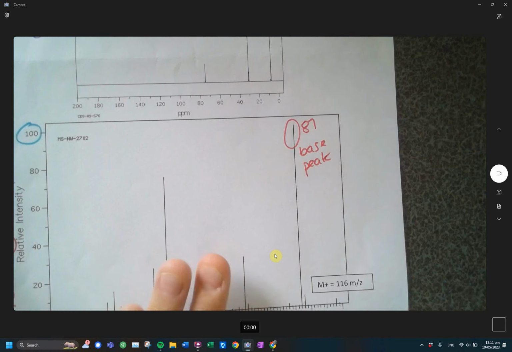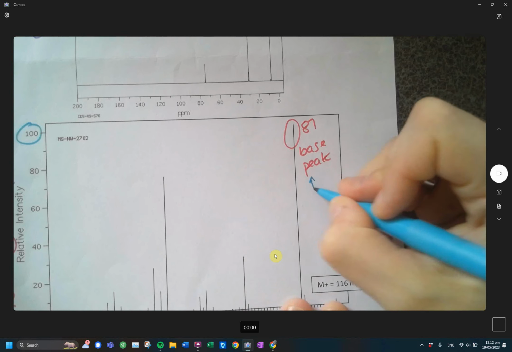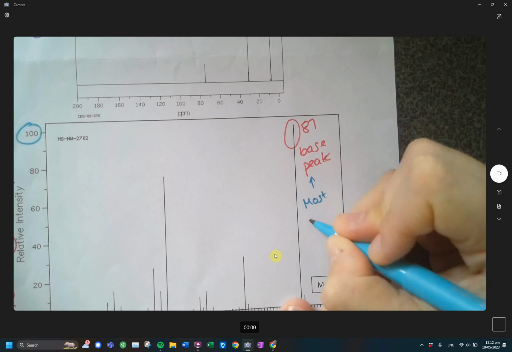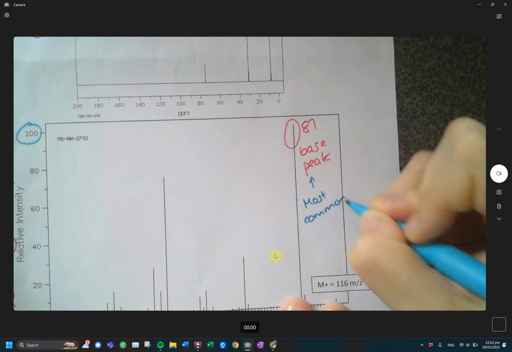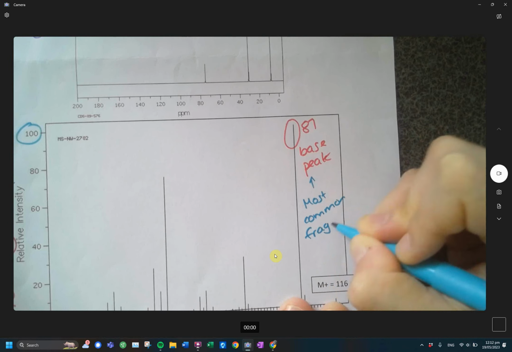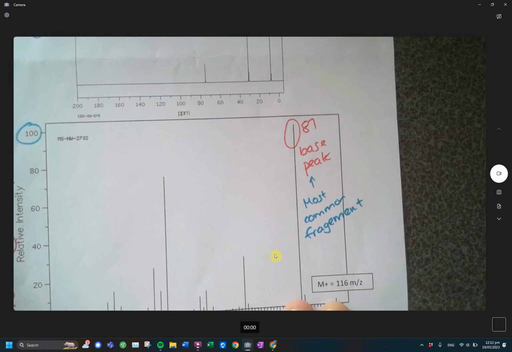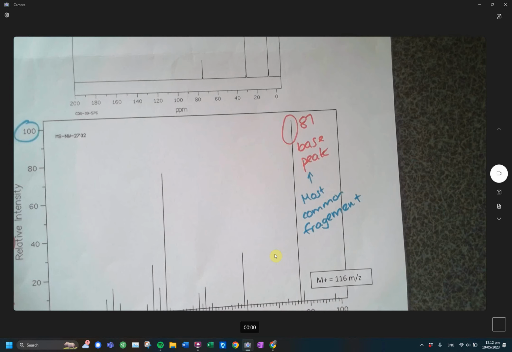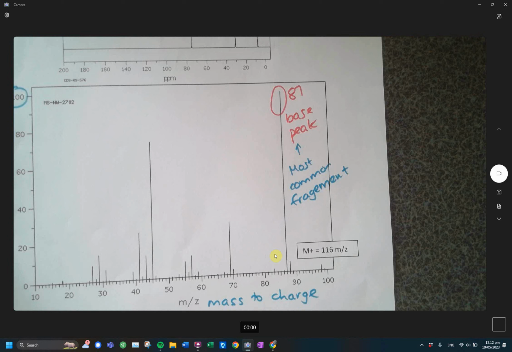I just need you to circle it and write base peak, and that's enough for an achieved. But so you're aware of what that refers to, it means that it's the most common fragment.